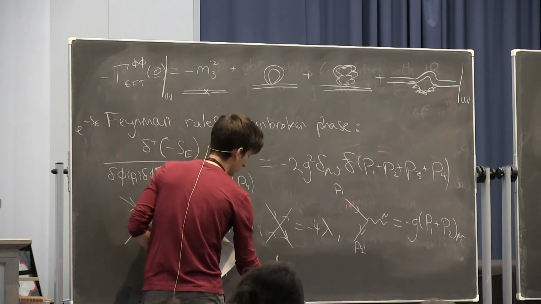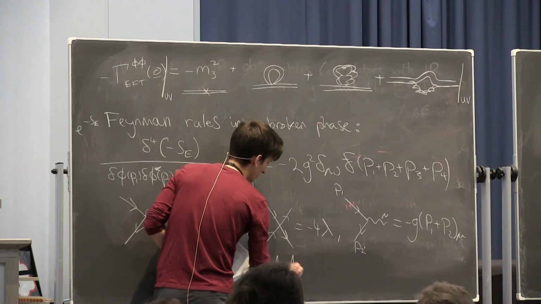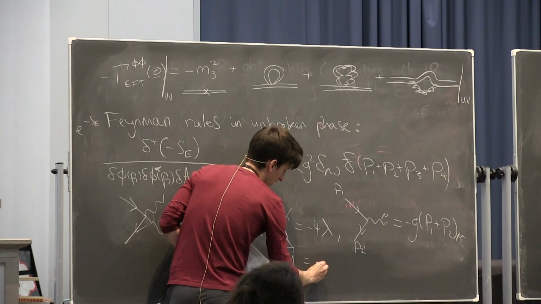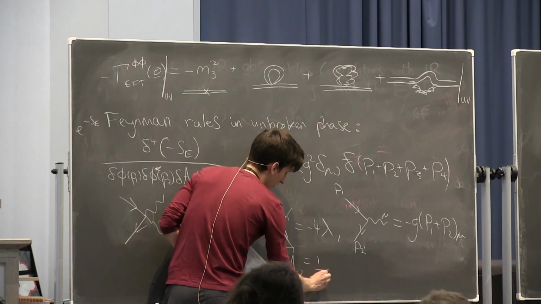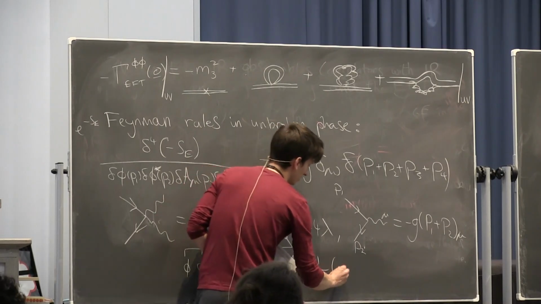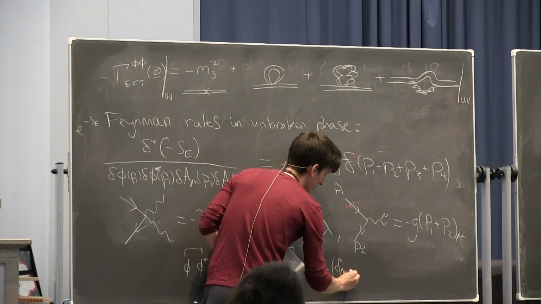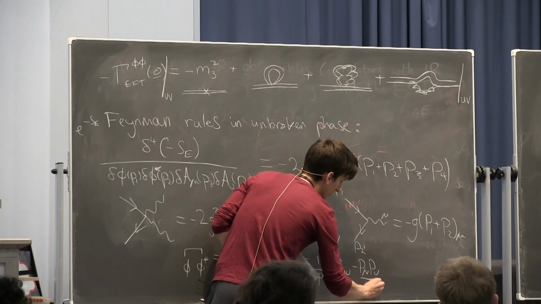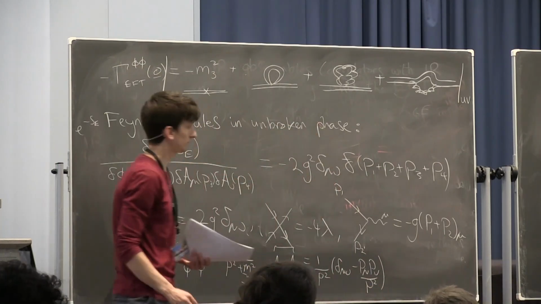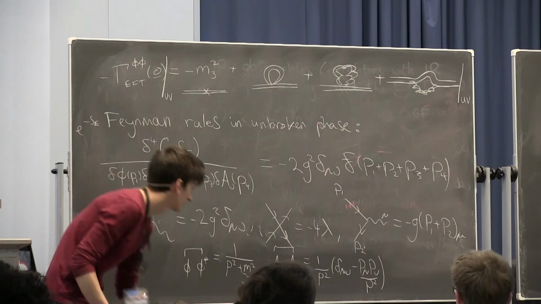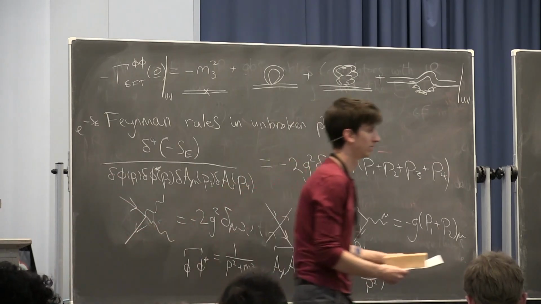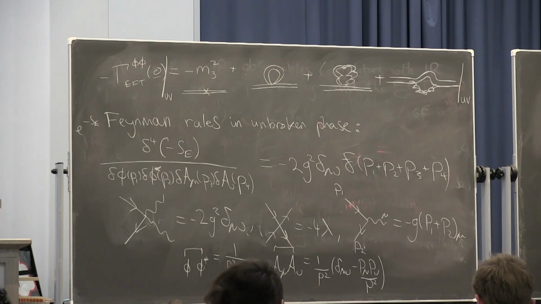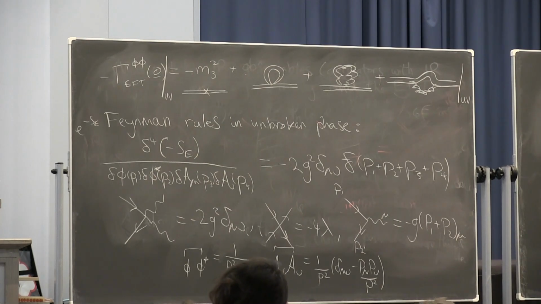And then a mu with a nu gives 1 over p squared times delta mu nu minus p mu p nu over p squared. In the gauge we've chosen, I just thought I'd write that so we're all on the same page in terms of doing calculations.